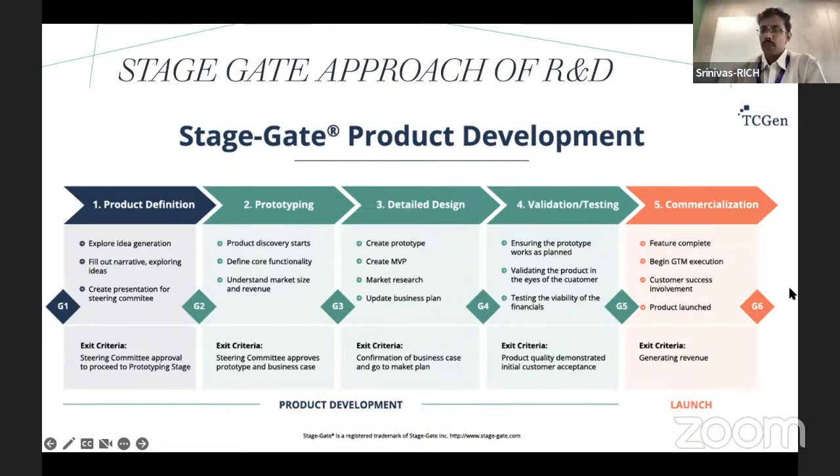Once the product is launched, you have post-launch gates, which evaluate the performance of that product, the performance of that R&D feature in the market, and decide when it is time to further invest money into developing and upgrading the product, or maybe obsoleting the product if it has served its commissioning time. So these decisions are made beyond gate 6, in the post-launch phases.